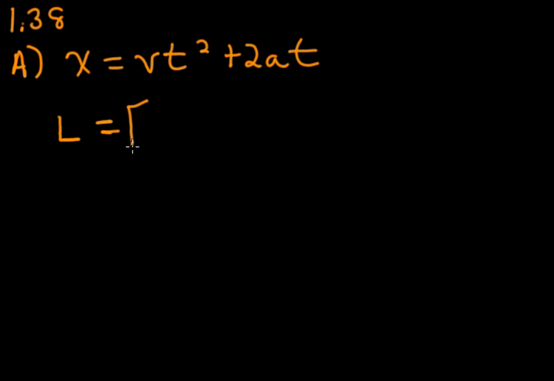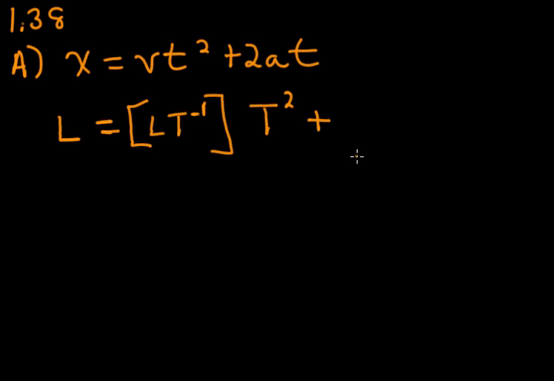Velocity, I'm going to put in brackets, is L t to the minus 1. Time is t, it's t squared, plus 2. Well, the 2 doesn't matter because it's a proportional constant, so we can get rid of it. The coefficients don't have a dimension.